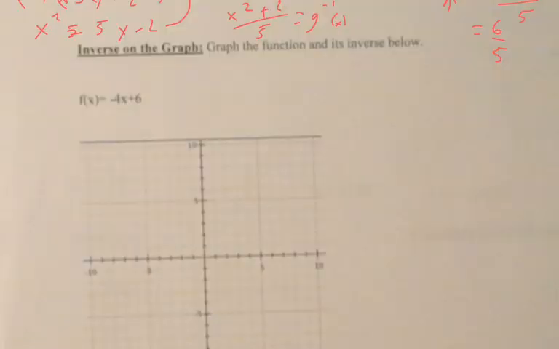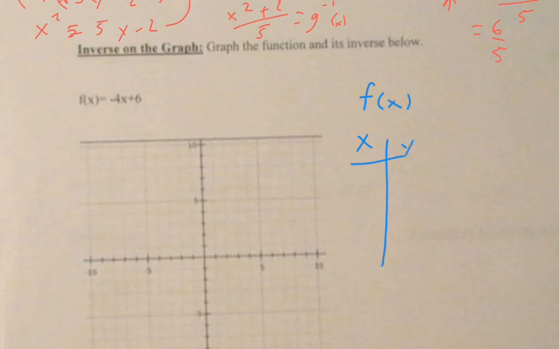Alright, now let's look at inverse on a graph. So we're going to graph this function, f of x equals negative 4x plus 6. So to find the inverse, let's just graph it in your calculator and find the table of values. So you have x, y: negative 1, 10; 0, 6; 1, 2; 2, negative 2; and 3, negative 6.